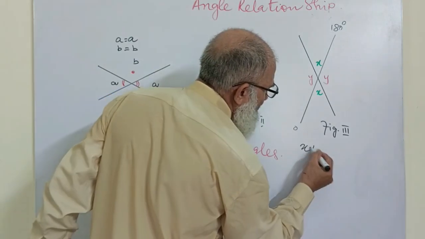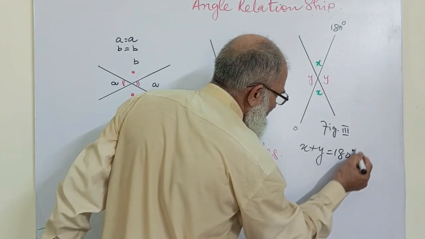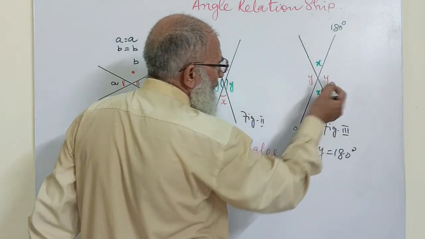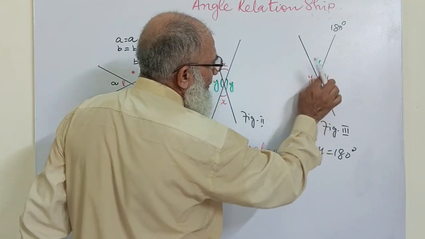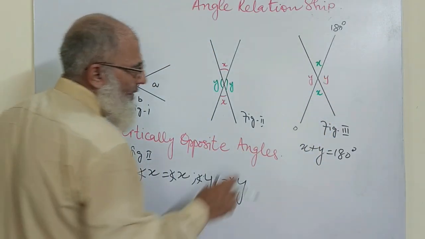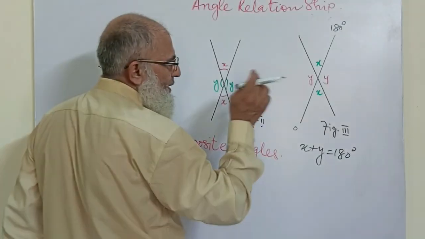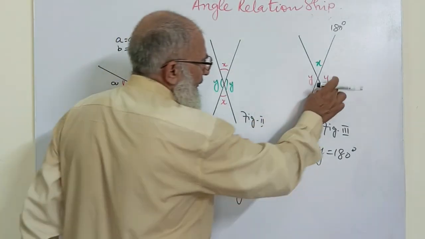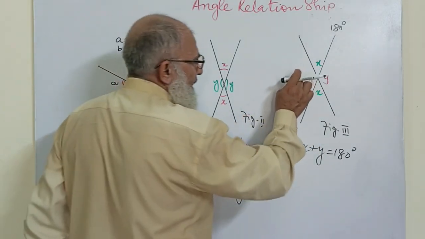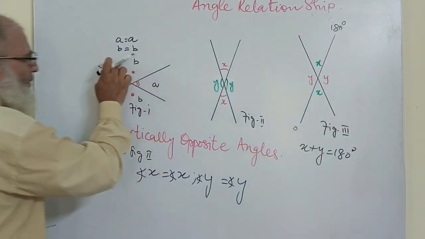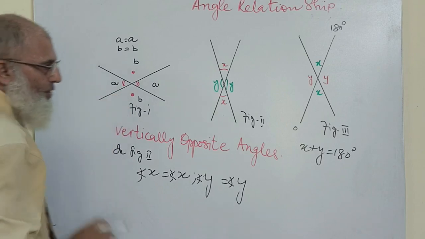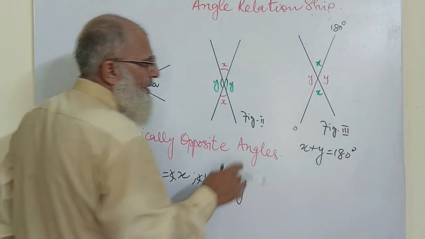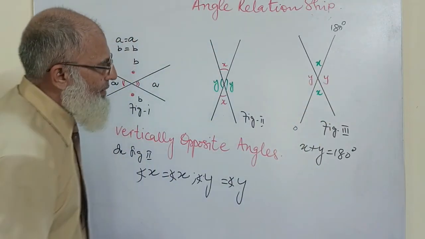So angle X plus Y should be equal to 180 degrees. Similarly, if you hide this side, X and Y will be equal to 180 degrees. Therefore, X and Y are supplementary to each other, and A and B are supplementary to each other. And if you add the whole, it will become 360 degrees.